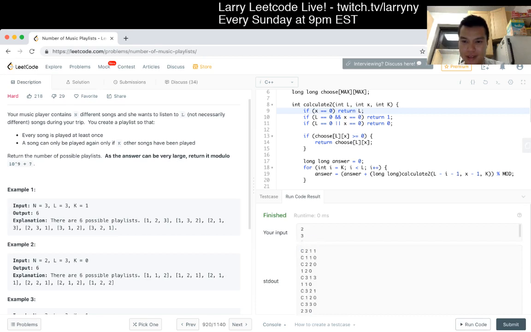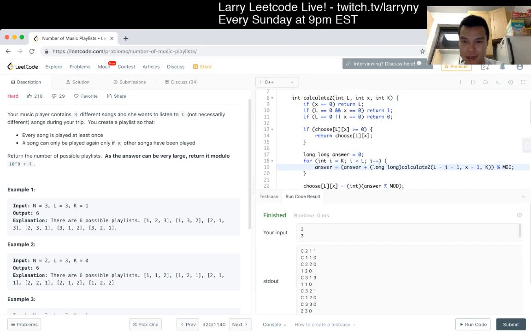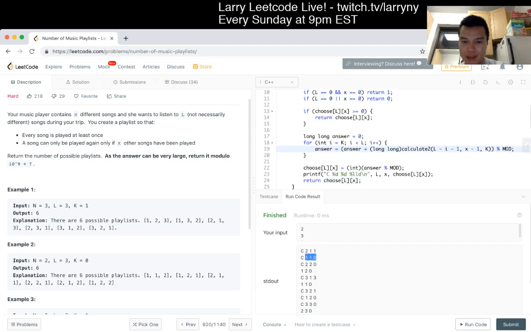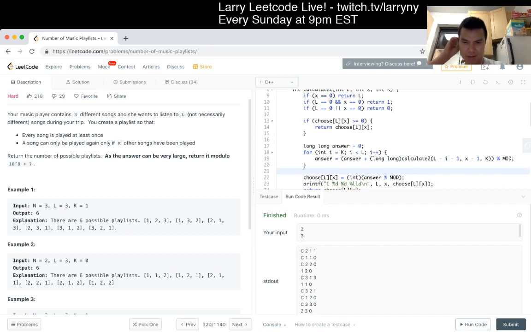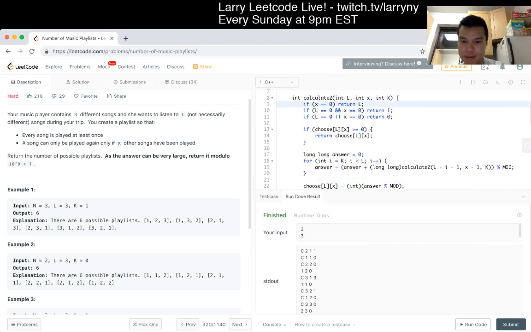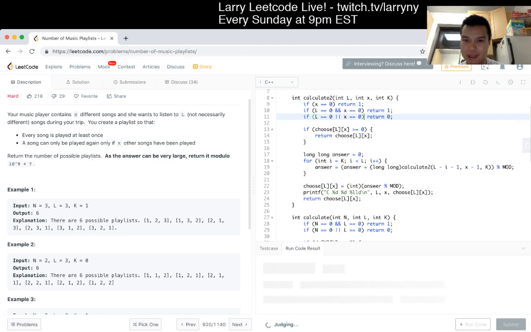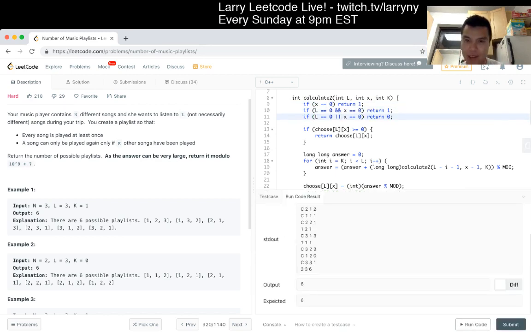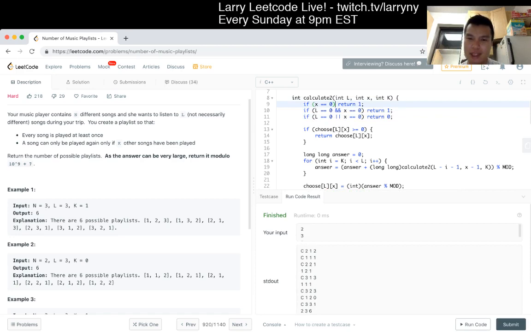No, that's not right. 1, 1 should definitely be... Oh, I think this is the case. I know this is a mess to look at, but I'll fix it up after I clean it up. Okay. Yeah, because if we have no more X left, it doesn't matter what L is.